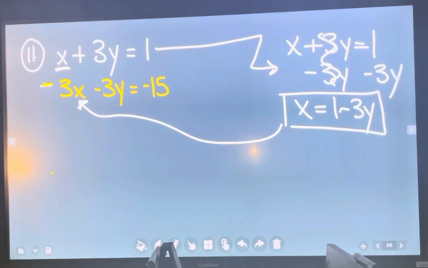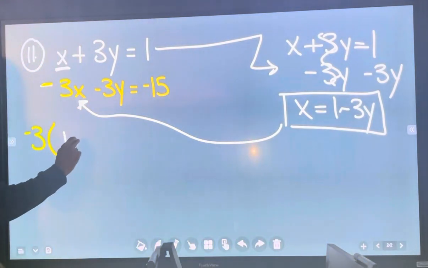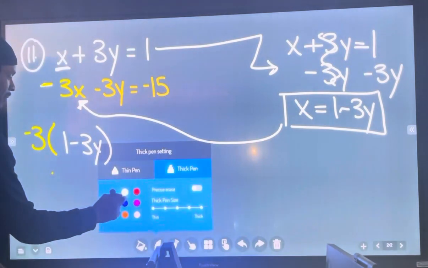Now, your new value for the second equation is negative 3. What am I plugging in now for this X as the new value? 1 minus 3y. Close it up.